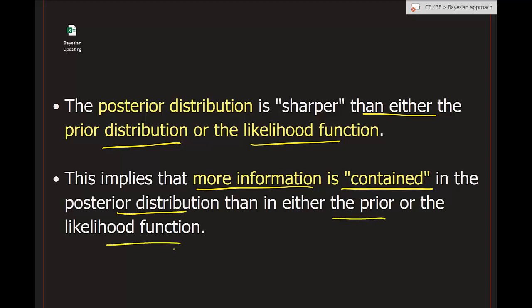So this illustrates how we can use an Excel sheet to plot the prior, posterior, and likelihood function, and how we can use Bayes theorem in the continuous case when data is not available for a particular site. Then we can use a prior distribution coming from another site or domain knowledge, and this prior can be integrated with the data. So we can stop here and we'll discuss another example in the next lecture.